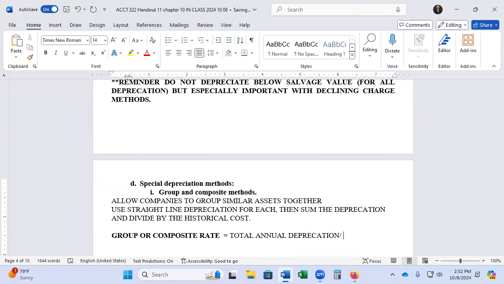So the sum is the total annual depreciation divided by total historical cost.